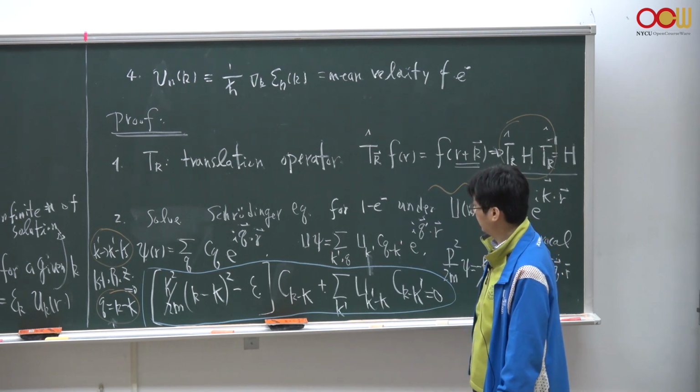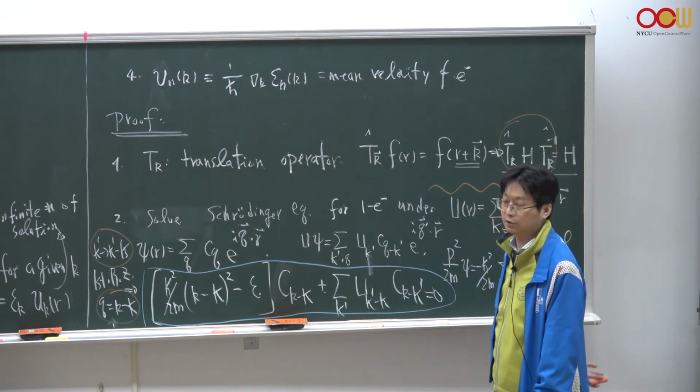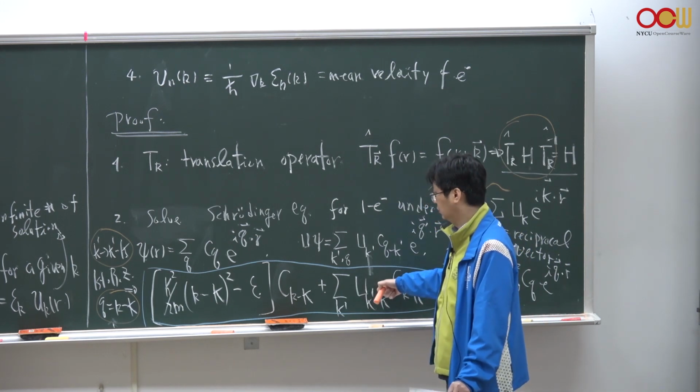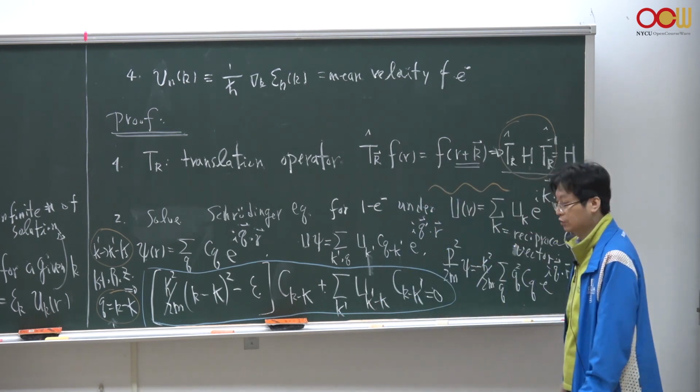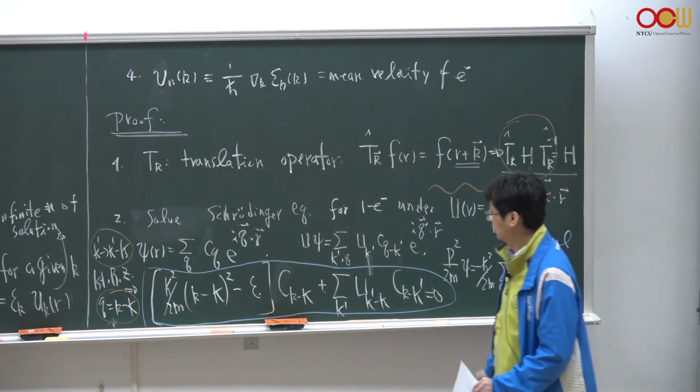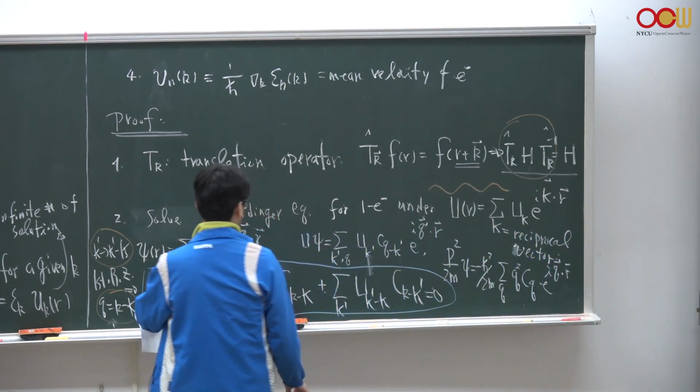This is the equivalent eigenvalue equation that needs to be solved if you plug the single-electron wave function into the Schrödinger equation.